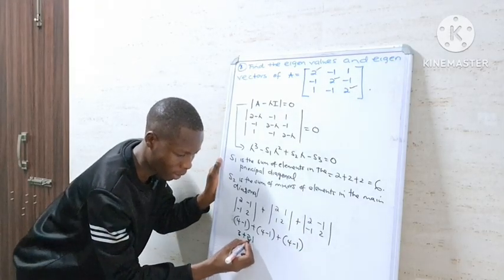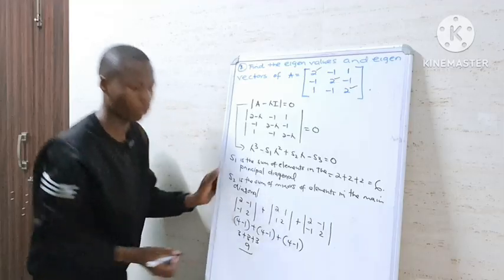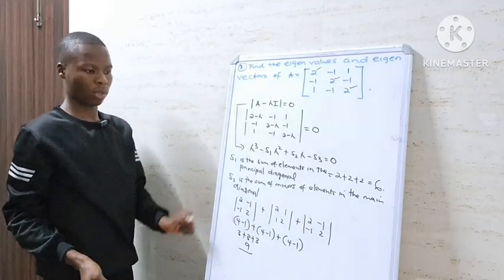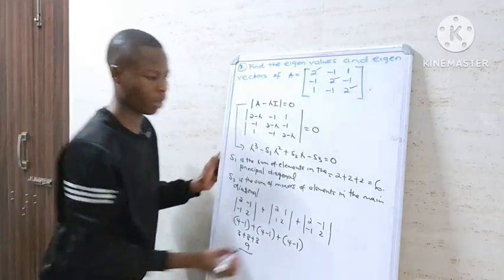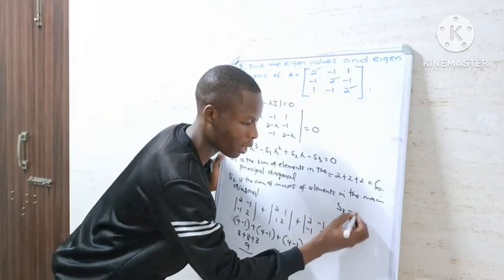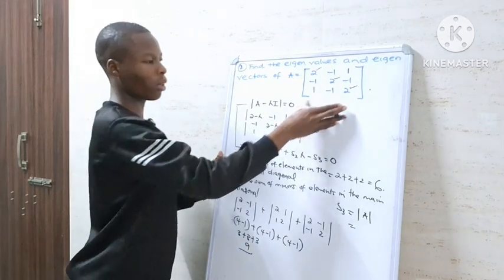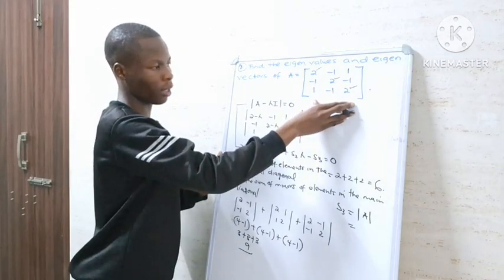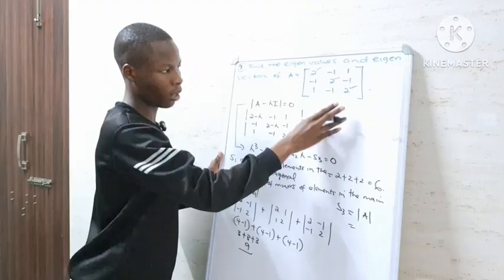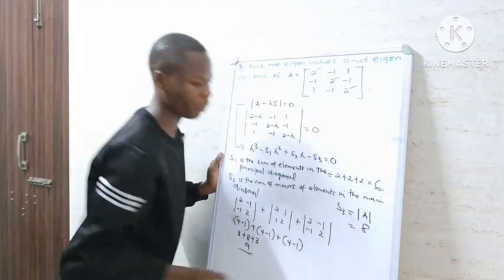This is 3 plus 3 plus 3, which is equal to 9. So S2 is equal to 9. S3 is nothing but the determinant of matrix A. Use your calculator to find the determinant of matrix A.